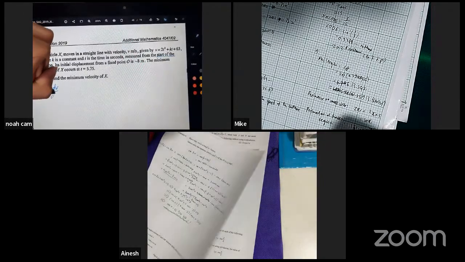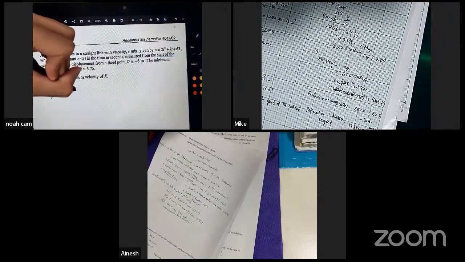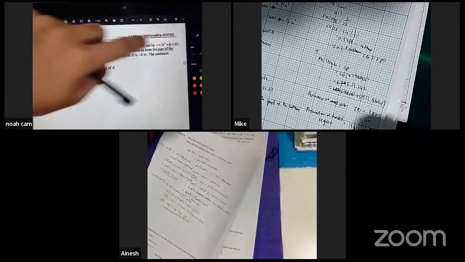So that was my first line for part B. Do you know what I'm doing here? What did I do?